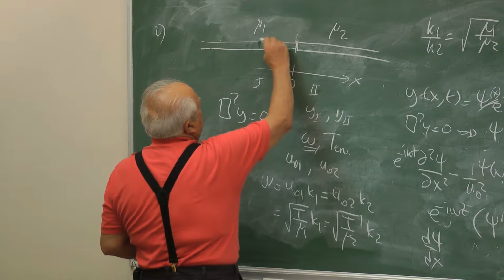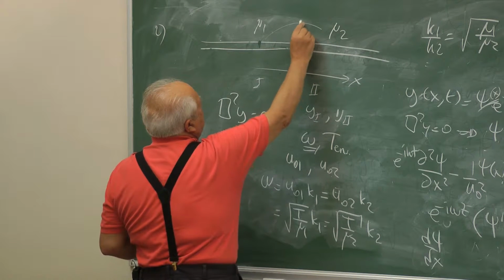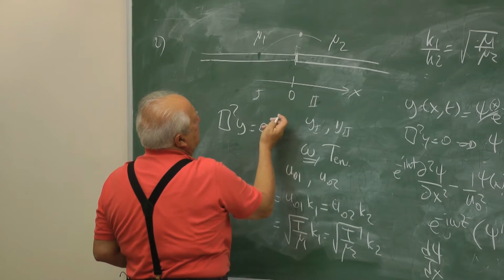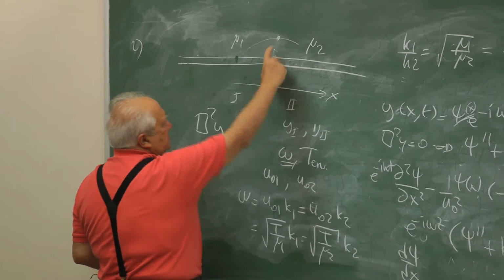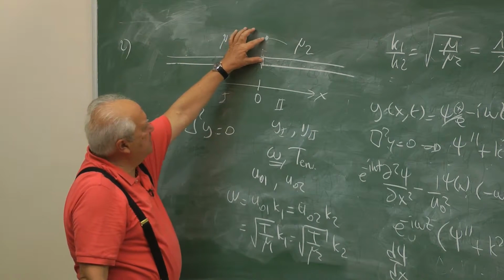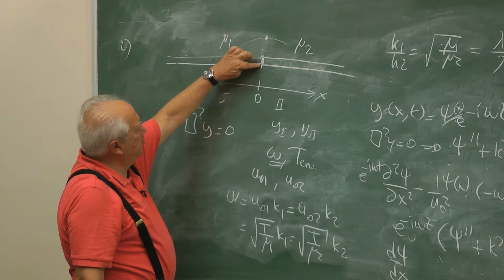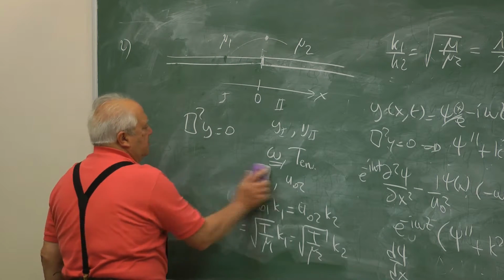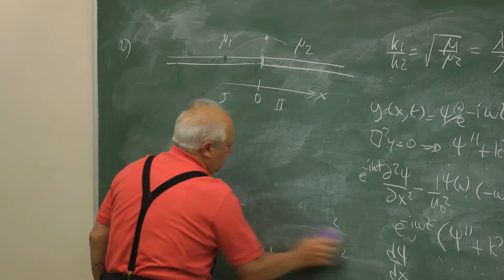Namely, if it is oscillating like this, for example, both of them have the same displacement. So transverse displacement. So the displacements at the point of discontinuity must be the same. I'm erasing and then we shall start the solution.